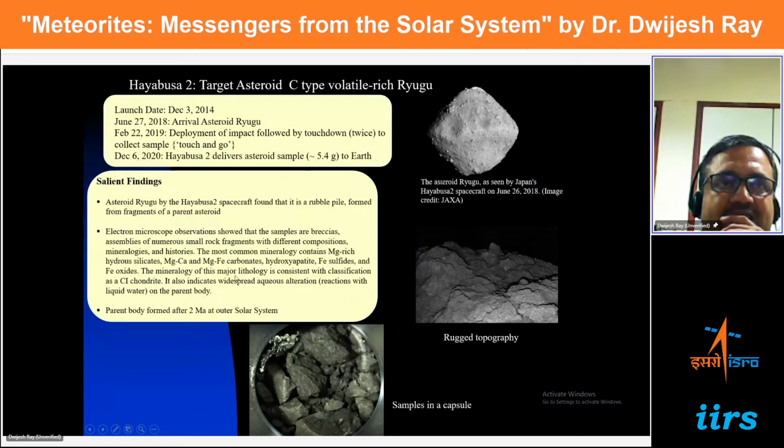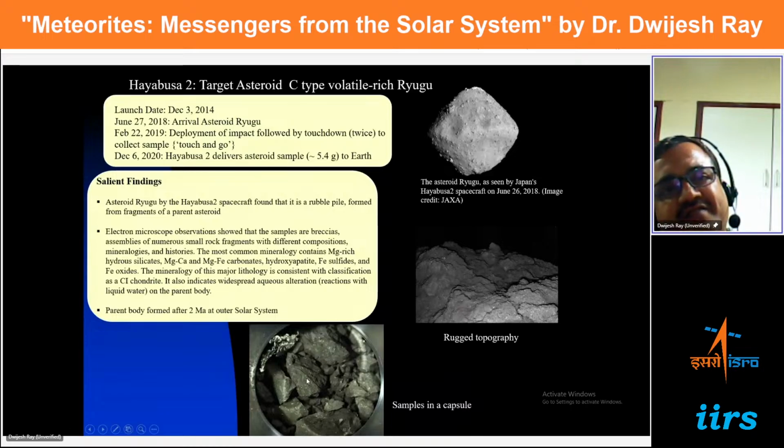These are mostly similar to CI-type chondrite, because plenty of secondary minerals were also examined in the collected samples. This rock fragment was also dated, so we can claim that it formed just 2 million years after the start of the solar system. This is one of the important discoveries from asteroid missions.